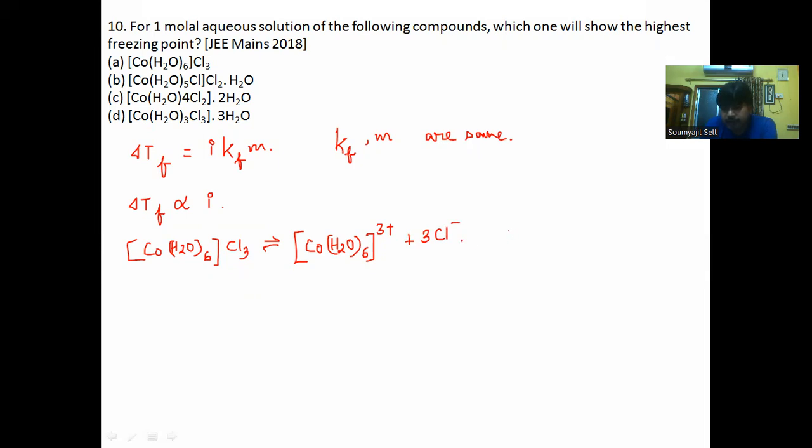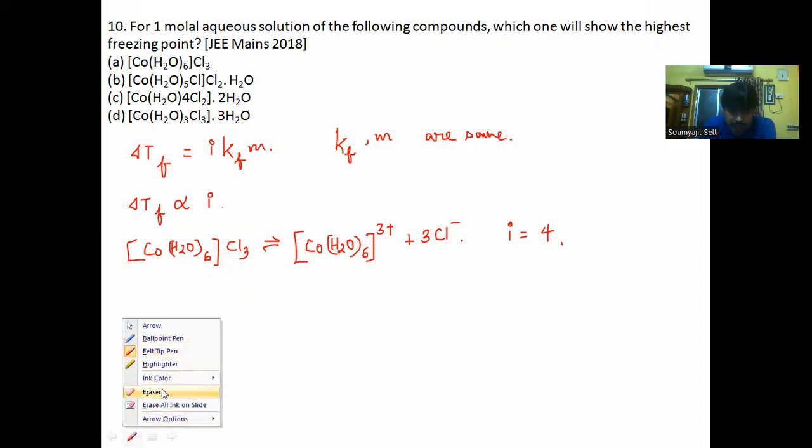So here the i value is maximum, 4. Or rather we can write not i value, it should be written as the value of n.